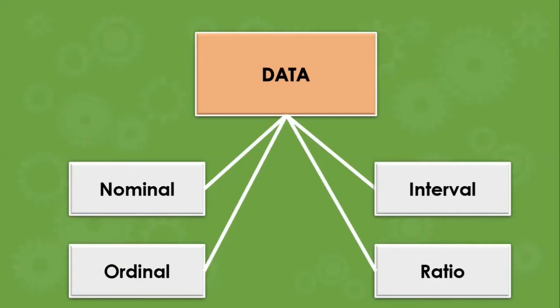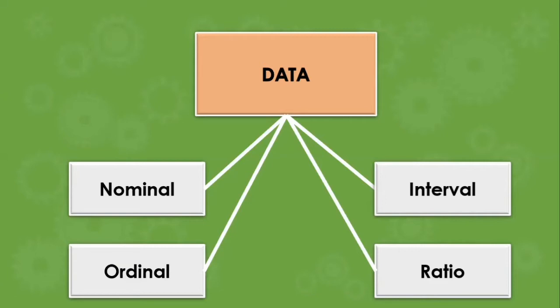Ratio data are the ultimate nirvana when it comes to measurement scales, because they tell us about the order, they tell us the exact value between units, and they also have an absolute zero, which allows for a wide range of both descriptive and inferential statistics to be applied.